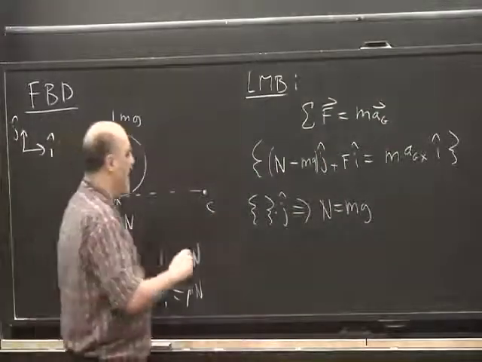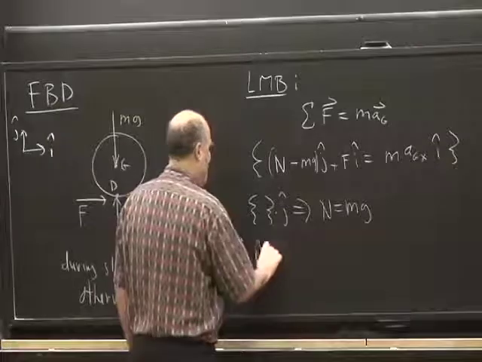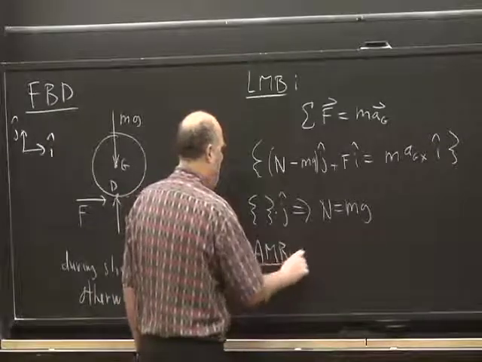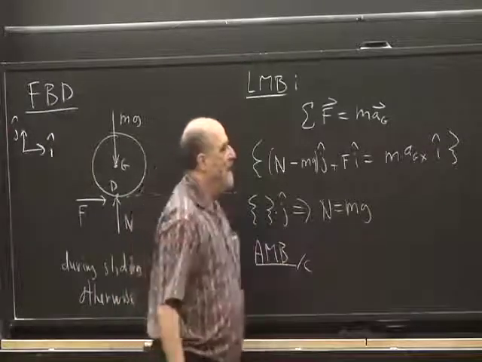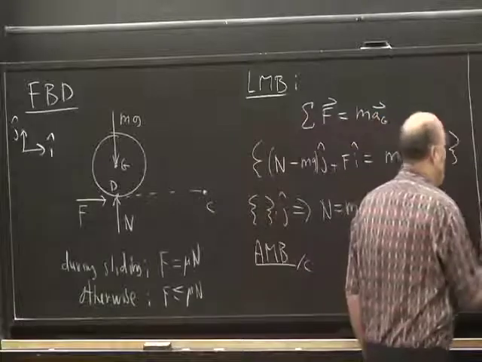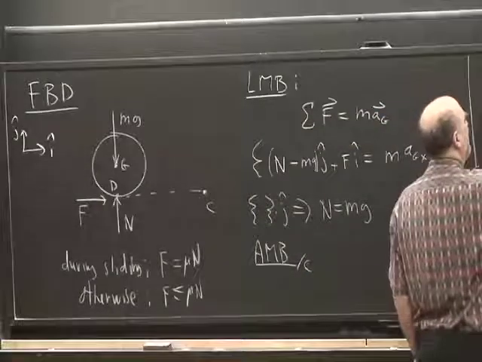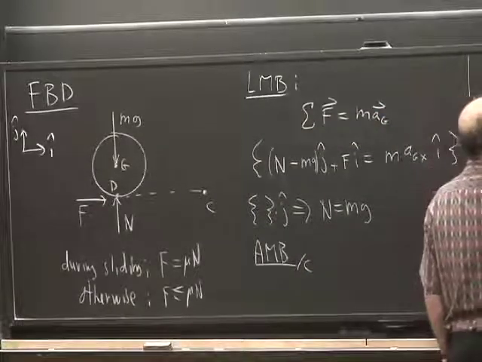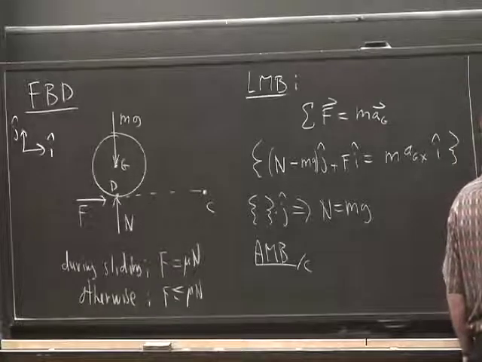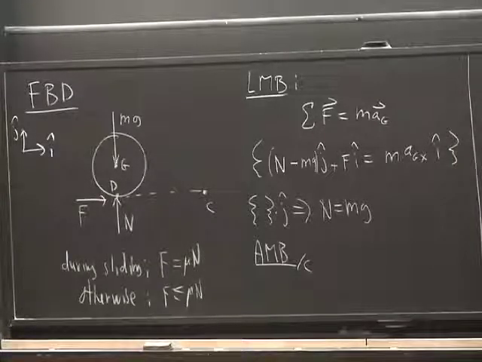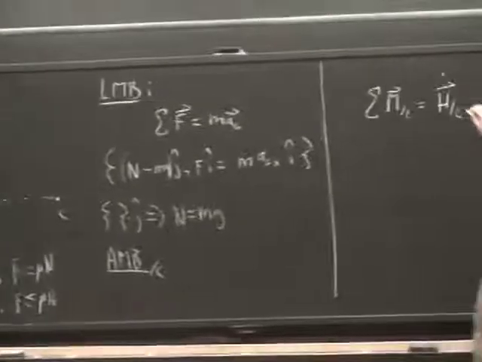Now, what if we look at angular momentum balance? We're going to look at angular momentum balance relative to C. And what does that say? It says that the sum of the moments relative to C is the rate of change of angular momentum relative to C. Here we have angular momentum balance, and the quantity angular momentum doesn't show up here. It's the rate of change of angular momentum.